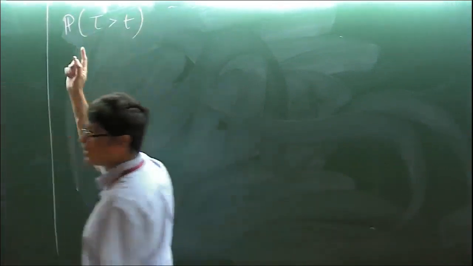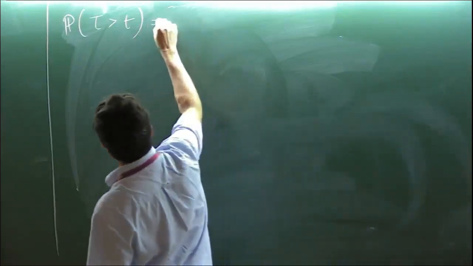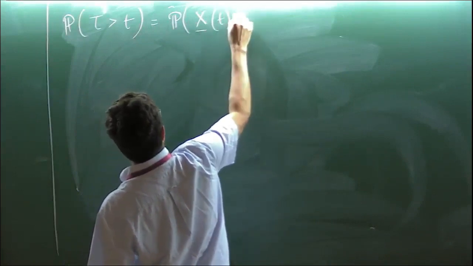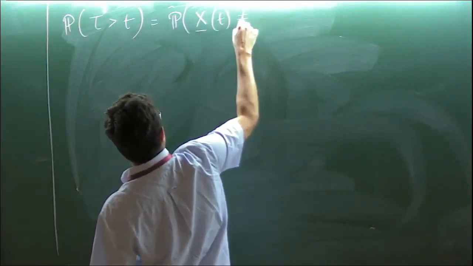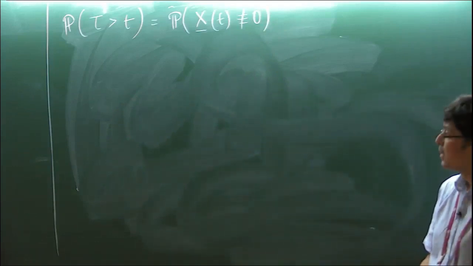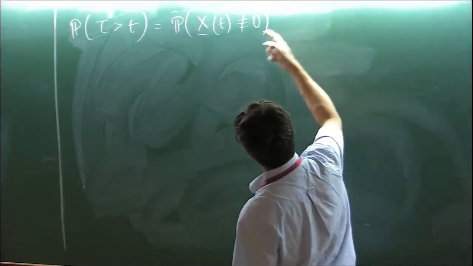Okay, so what's the probability that tau is bigger than t, that the epidemic hasn't died out by time t? So this is the probability that the x process at time t is not identically 0. The y process dominates the x process.